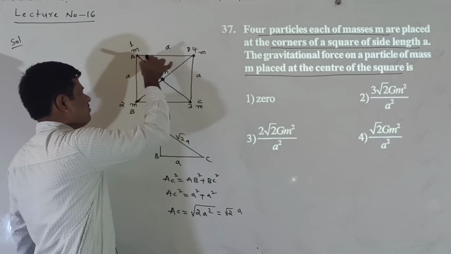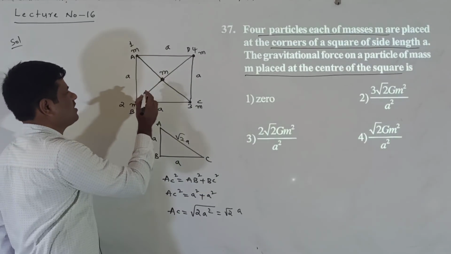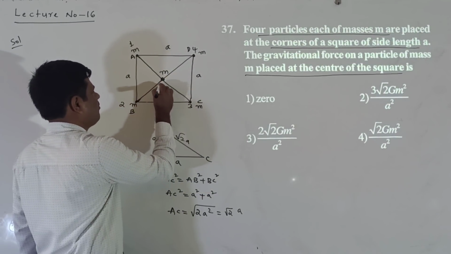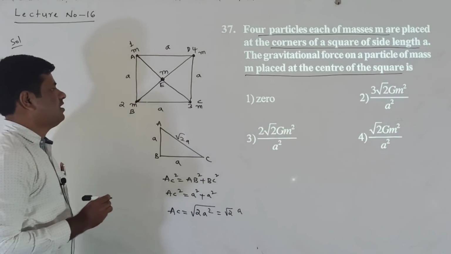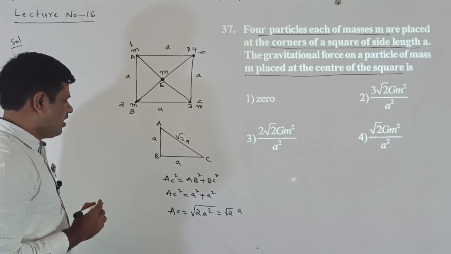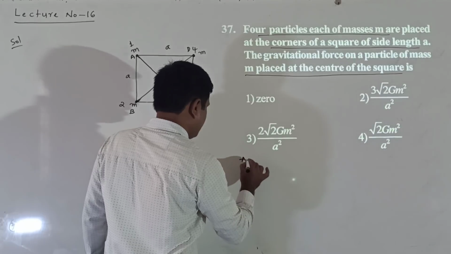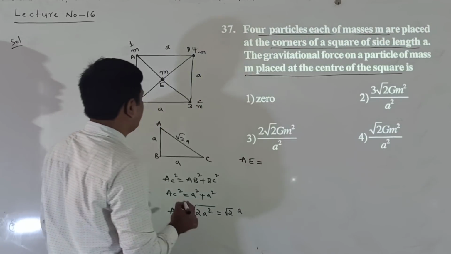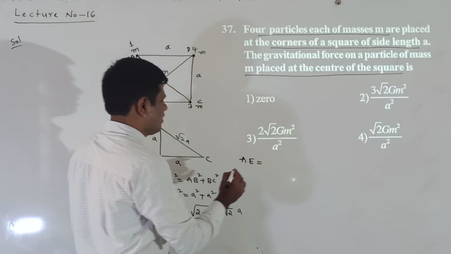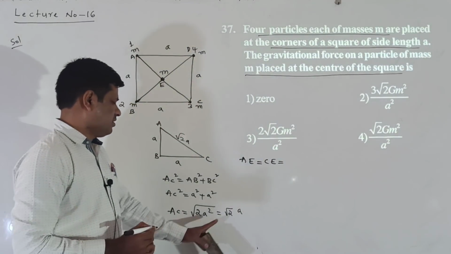The total AC is root 2 A. Now this is divided into 2 parts. Suppose the center point I consider as E, with corners A, B, C, D. I want to find AE.